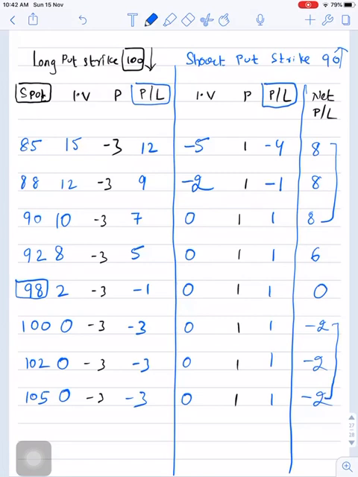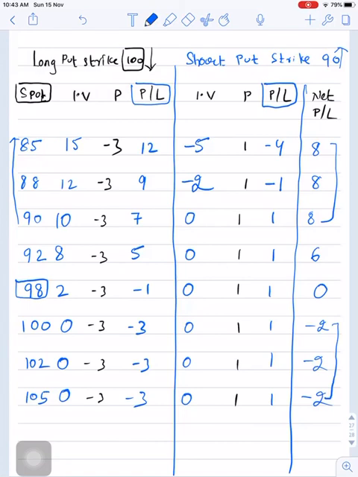Now focus on from which price our maximum reward is happening. At 90 or below. 90, 88, 85. So if ABC stock closed at the lower strike or below the lower strike, your maximum reward will happen.